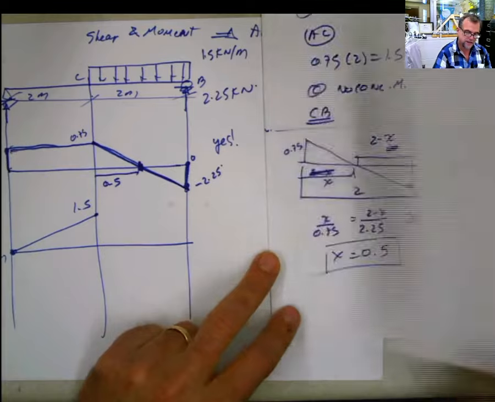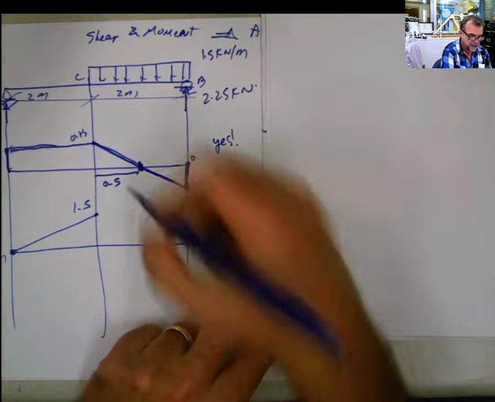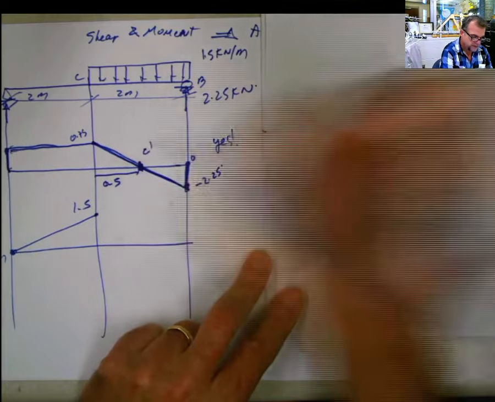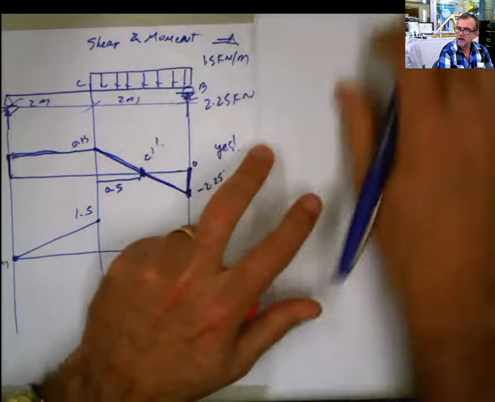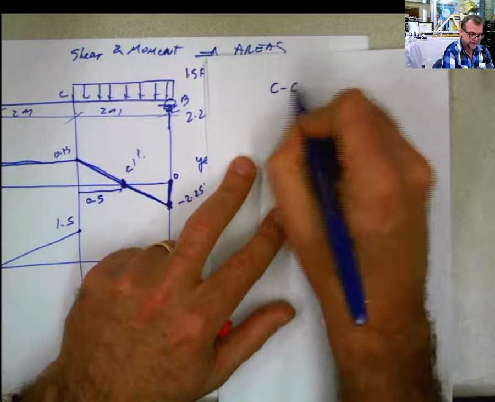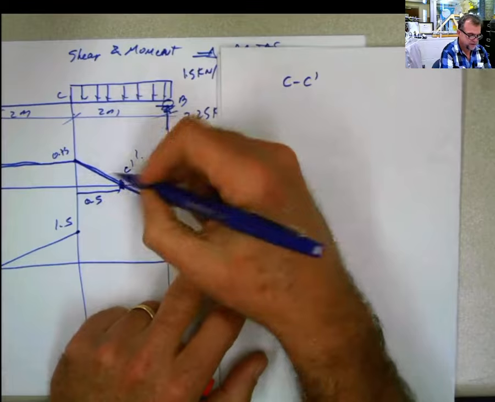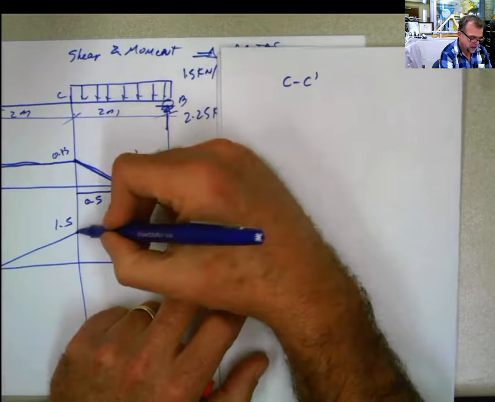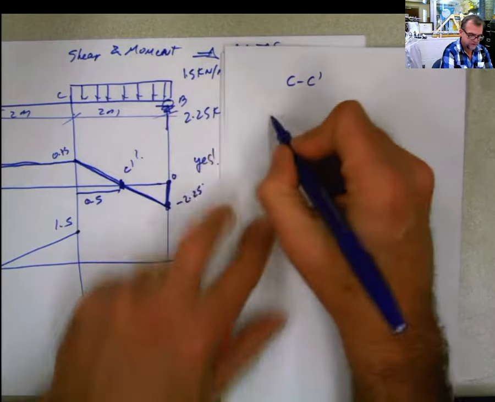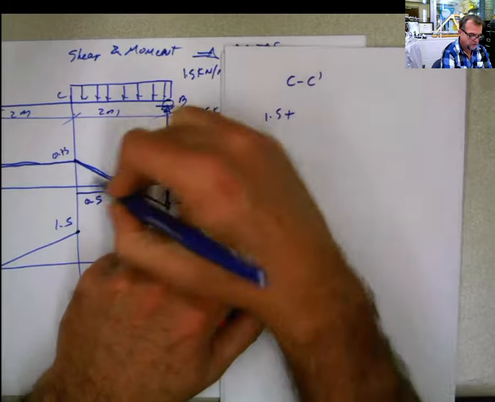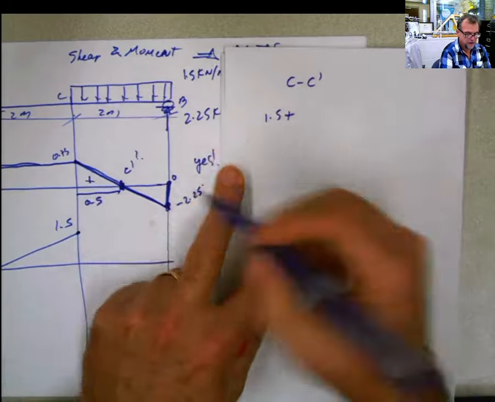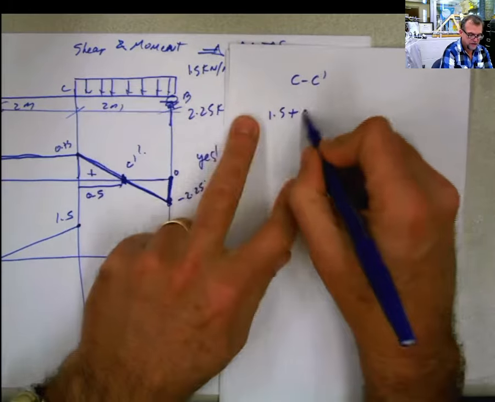What is the span? The span C prime? I don't know. So you start here and say CC prime. What is CC prime? CC prime is, I started with 1.5 positive, plus because this is a positive area. What is the height? 0.75.